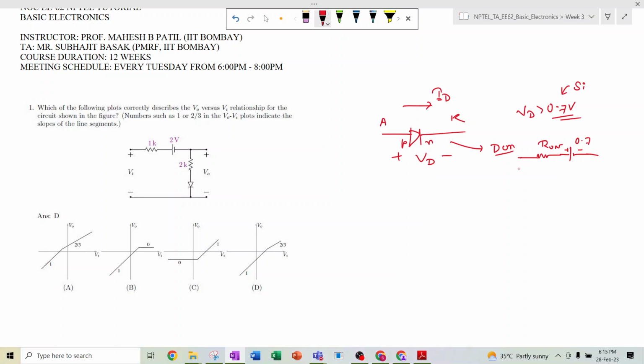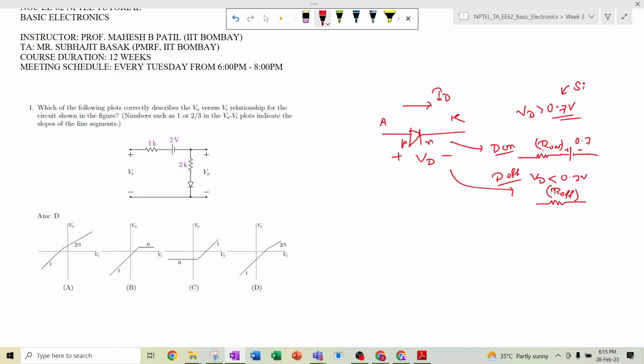And the diode will be off when the voltage across the diode is less than 0.7 volt. Then we can represent this diode as an off resistance, which is typically very high. So this on resistance is very small and this off resistance is very high.